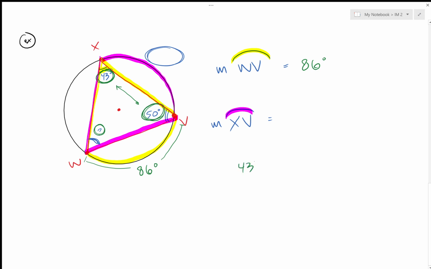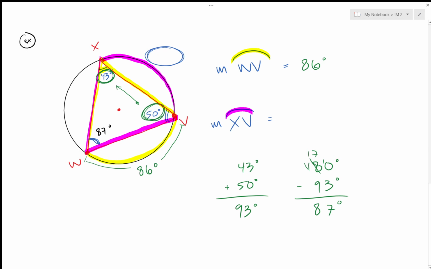So the 43 and the 50 add up to 93 degrees. Subtract that from 180. Let's see, gotta borrow that. Get a 7, gotta borrow again, 17, 87 degrees. So I know that this angle in here, and I'm gonna erase that question mark, this is 87 degrees.